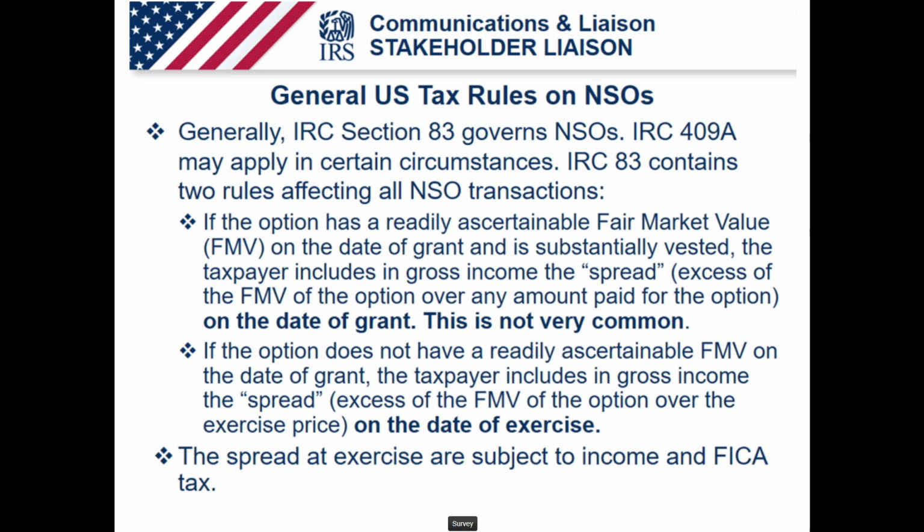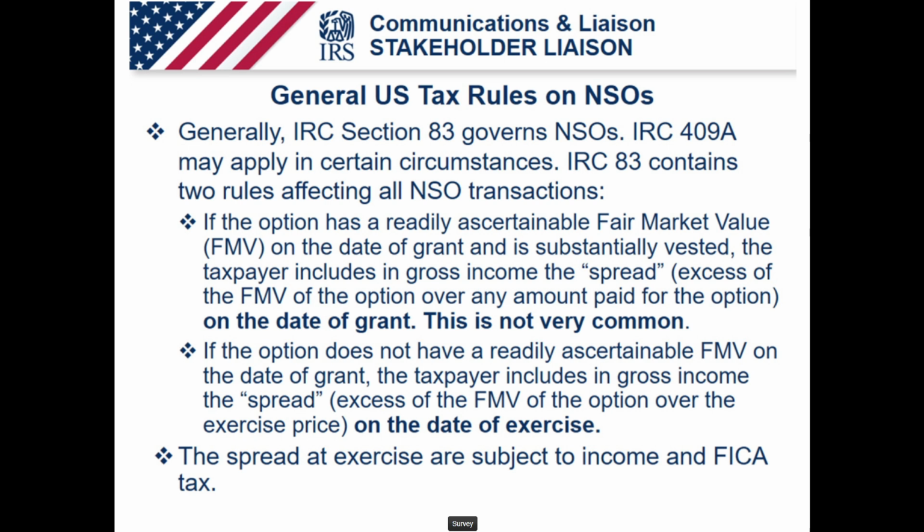Because most compensatory NSOs do not have a readily ascertainable fair market value on the grant date, they are not considered property on the date of grant under IRC Section 83 and are not eligible for an 83(b) election. Therefore, the taxable event generally occurs when the NSO is exercised.